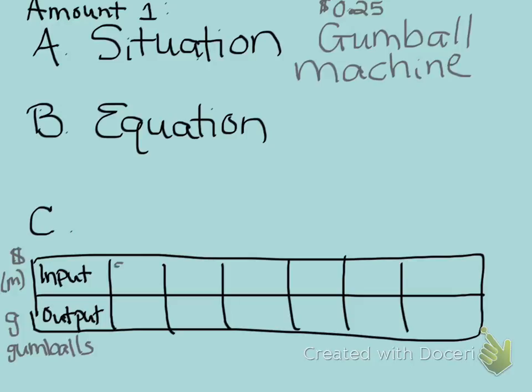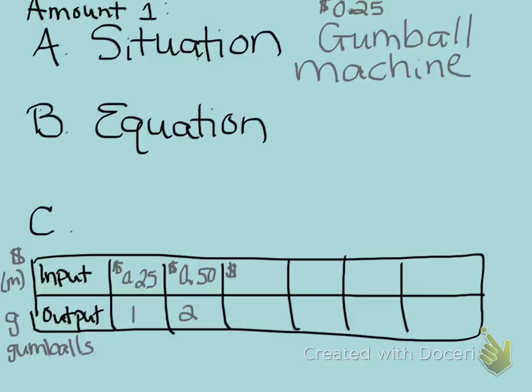So for my inputs, I'm going to put different amounts that I'll be putting in the gumball machine. So 25 cents I could put in, and how many gumballs will I get out? 1. If I put in 50 cents, how many gumballs would I get out? 2.